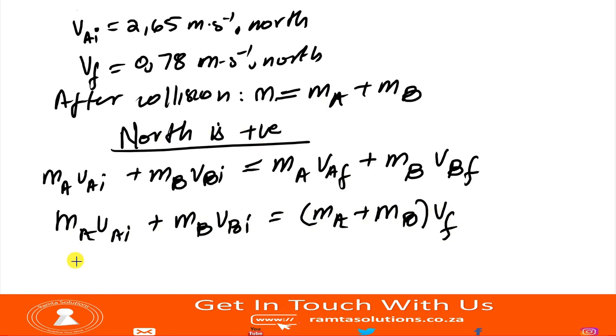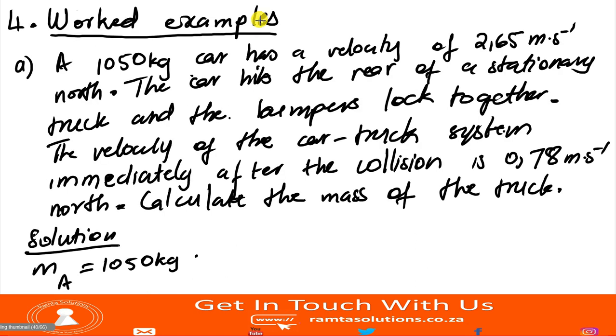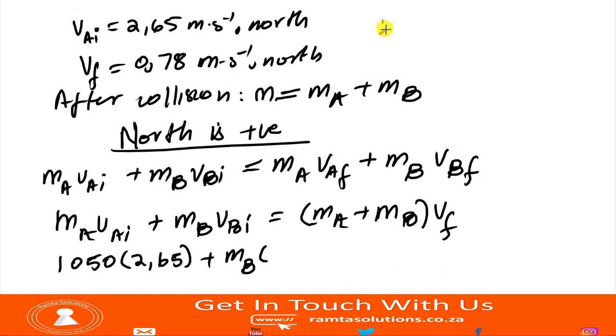Now substituting, the mass of the car was 1050 kilograms. The initial velocity was 2.65 meters per second north. We said north is positive, so it'll be positive 2.65. The truck, we do not know its mass. Its initial velocity was 0 because it was a stationary truck, so V B initial is 0.